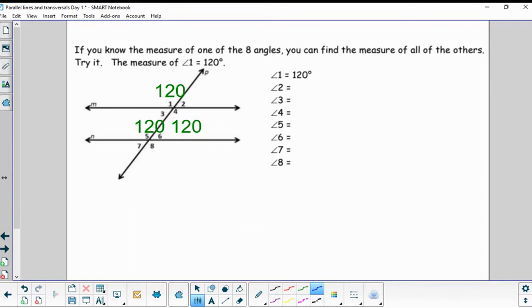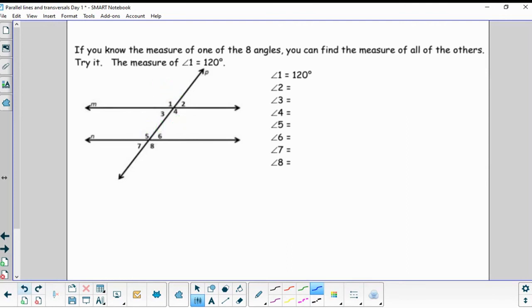And I'm using a pen that actually types it after you write it. So I'm going to go back and delete those numbers in just a minute and write them in so that they fit on the diagram a little bit better. But in essence, those 4 angles are all 120 degree angles.